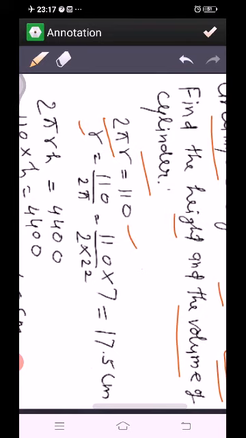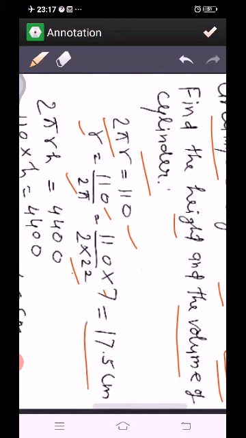So r equal to 110 upon 2 pi. Now we will put the value of pi here. So 110 upon 2, value of pi is 22 upon 7. So 22 written down and 7 gone up. So on calculation we get r equal to 17.5 centimeter.